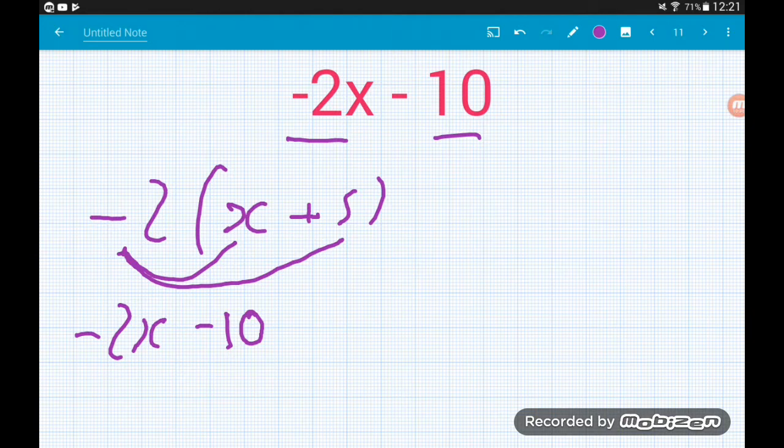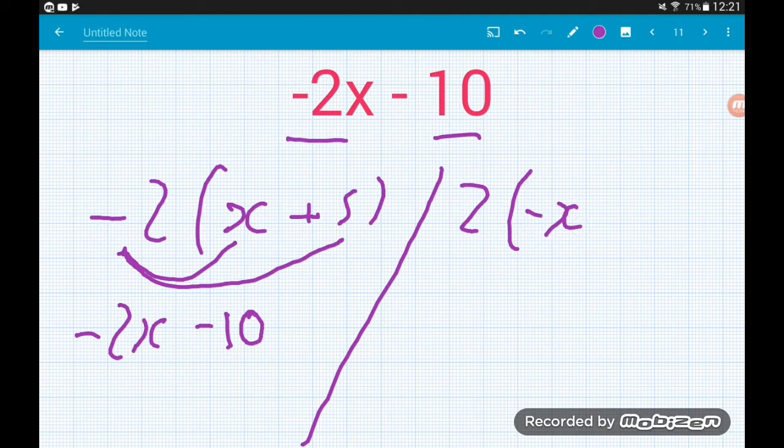Now this is another example of one that we could do step by step. We could first of all spot that we've got a common factor of 2. So we could take out a factor of 2, and that would leave us with minus x minus 5. Then inside the bracket, well, we've got both terms being negative. That means effectively they're both being multiplied by minus 1.